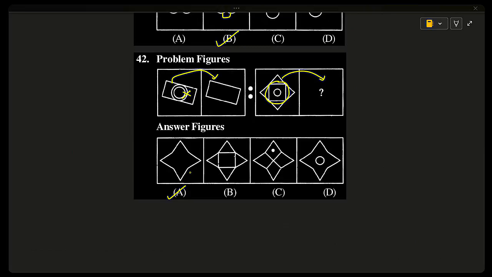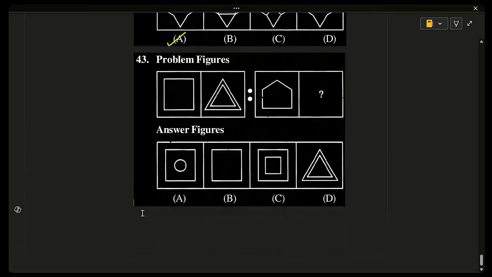And going to the 43rd one. So what happened here?